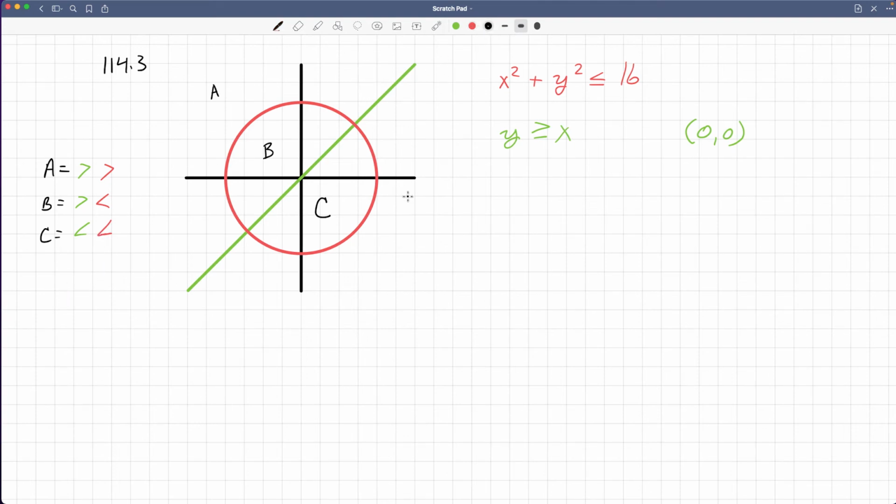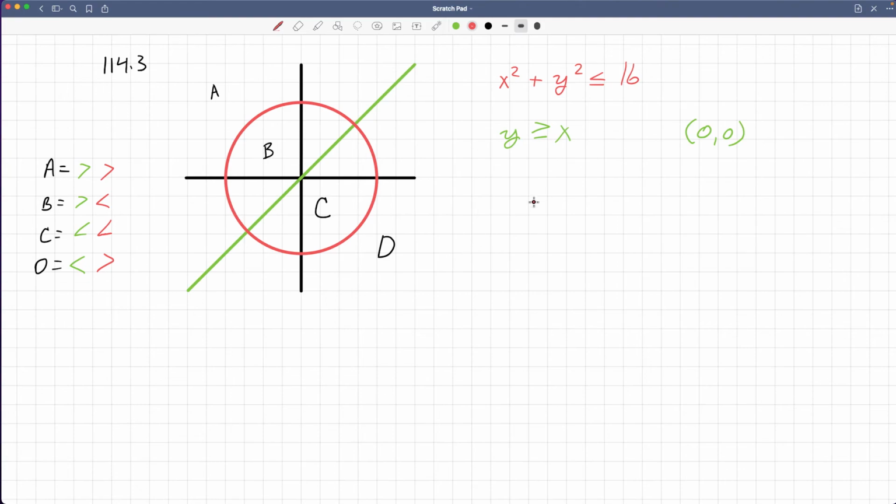And then we have another area that's D, and D would equal less than on the green, but it would be greater than on the red because it's outside of the circle. It's greater than the circle. So there we go. Those are our combinations.